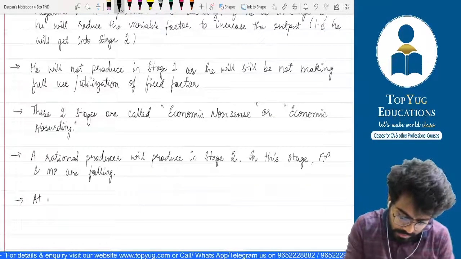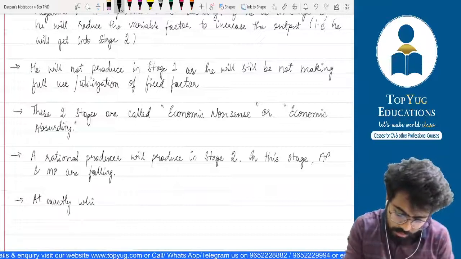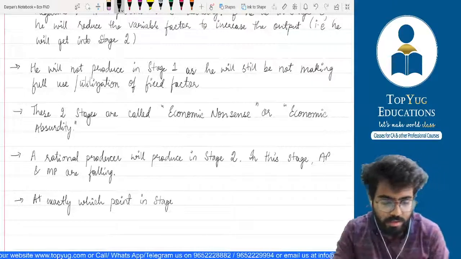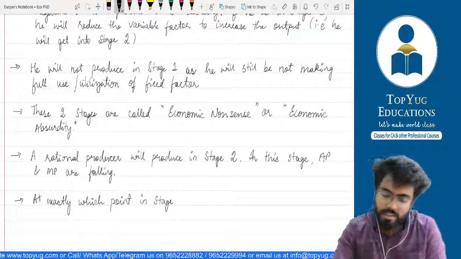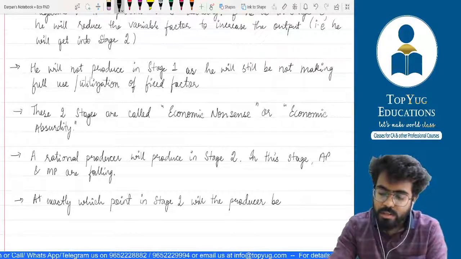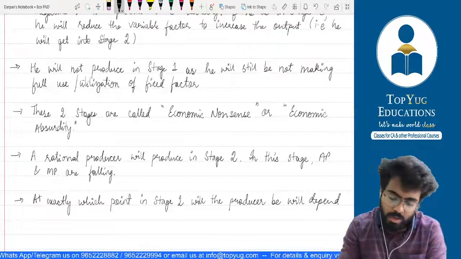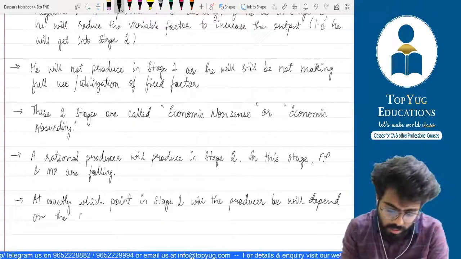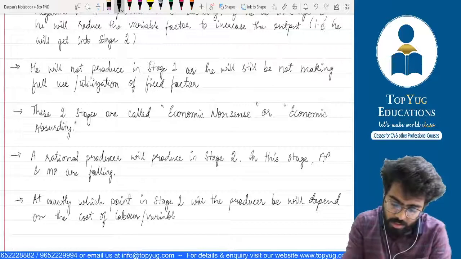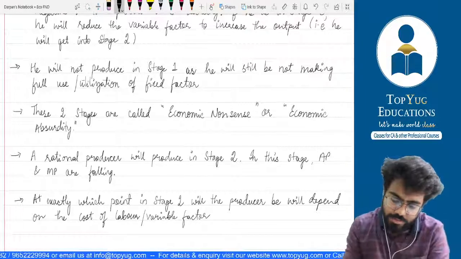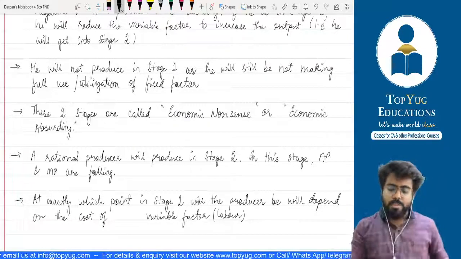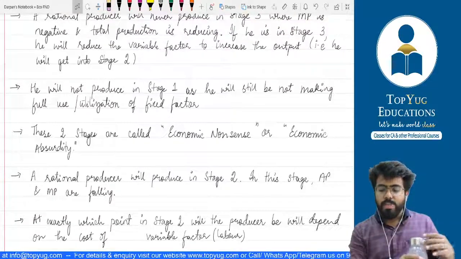Next line. At exactly which point in stage 2 will the producer be, will depend on the cost of variable factor, in brackets you can write labor.